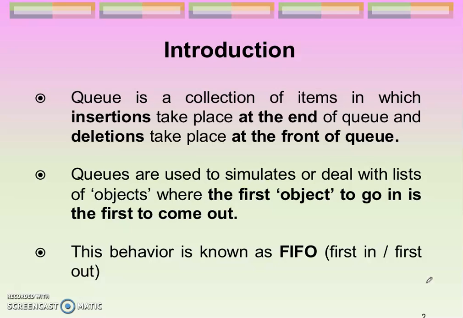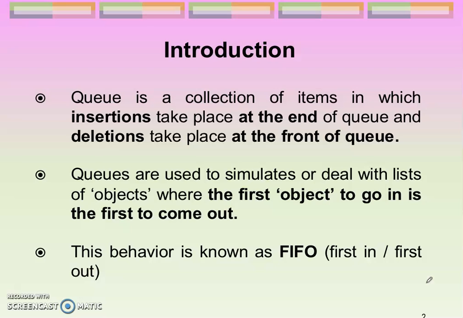Okay, queues are used to simulate or deal with a list of objects where the first object to go in is the first to come out. So dia menggunakan analogy first in, first out. This behavior is known as first in, first out lah, FIFO ni.